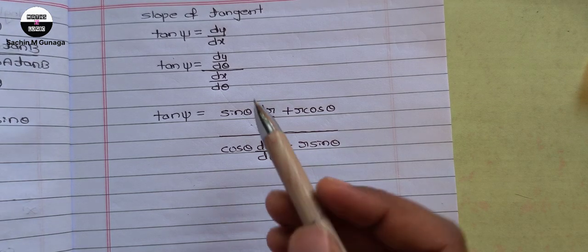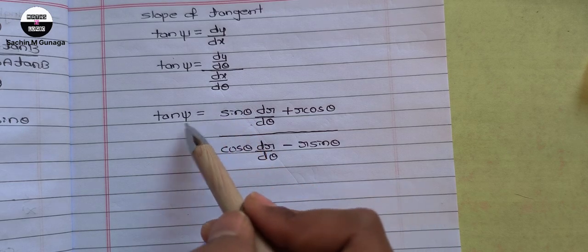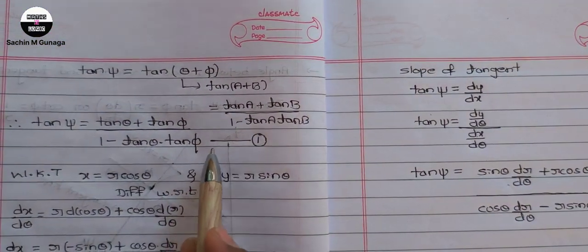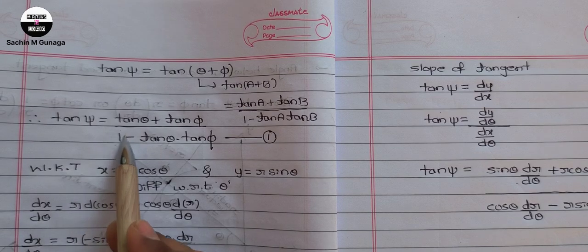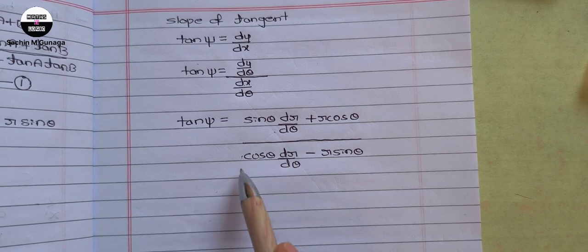After substituting dy by d theta and dx by d theta, we are going to compare this equation with equation number 1. We can see in equation number 1, in the denominator the first term is 1, so here also in the first term we should get 1.